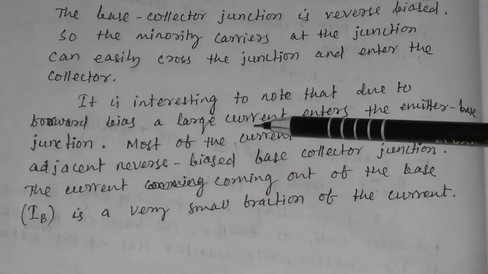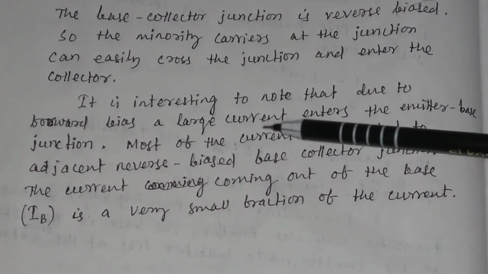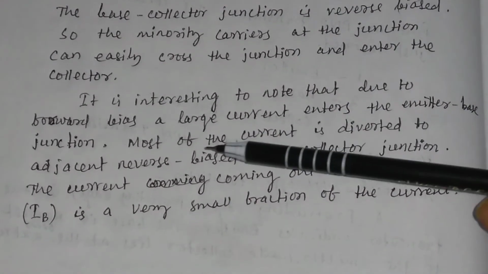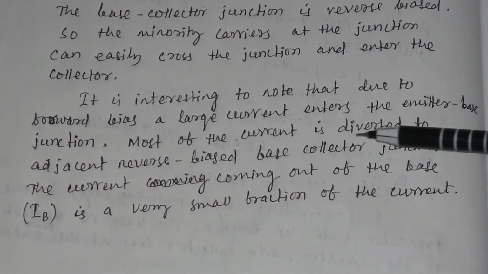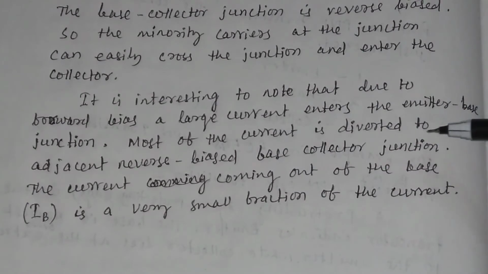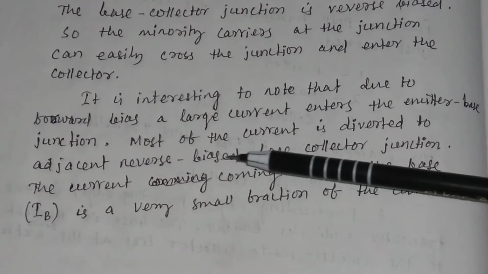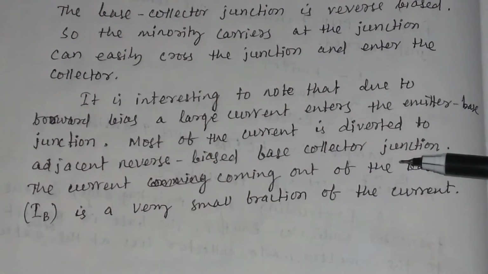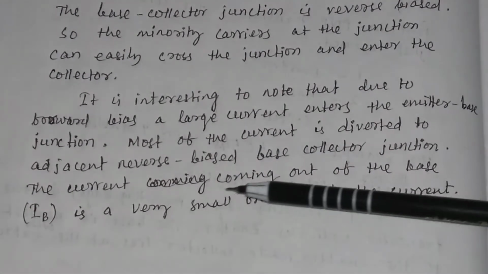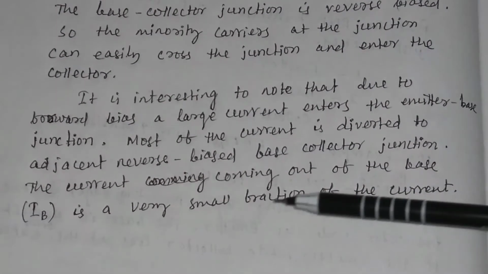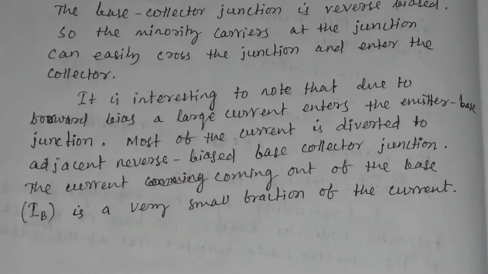And it is very interesting to note that due to forward bias, a large current enters the emitter base junction. Most of the current is diverted to the adjacent reverse biased base collector junction. The current coming out of the base is a very small fraction of the current.